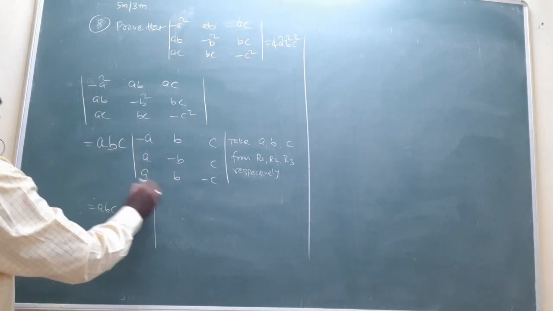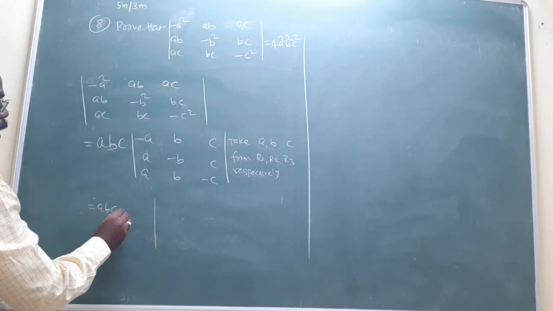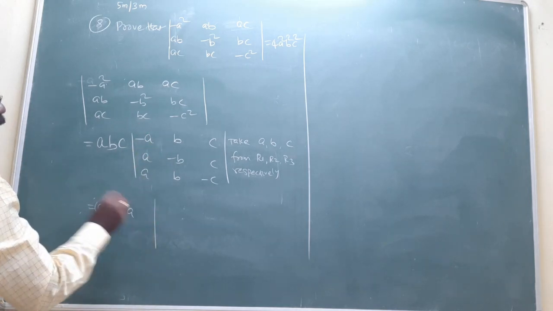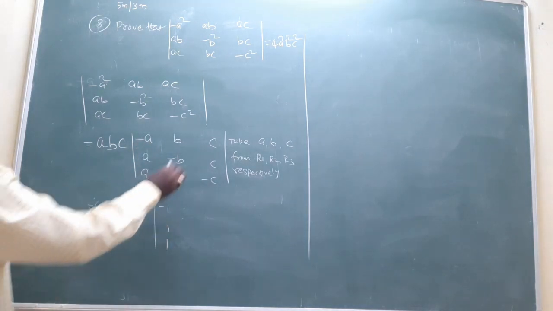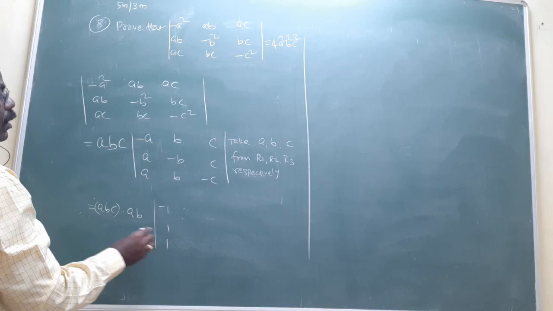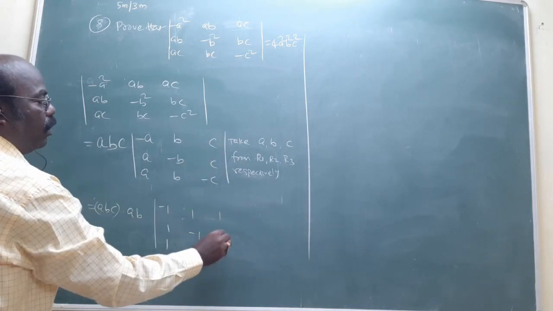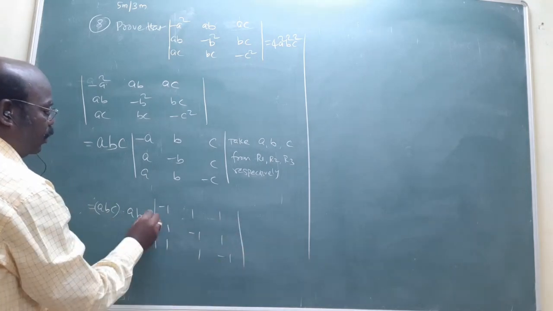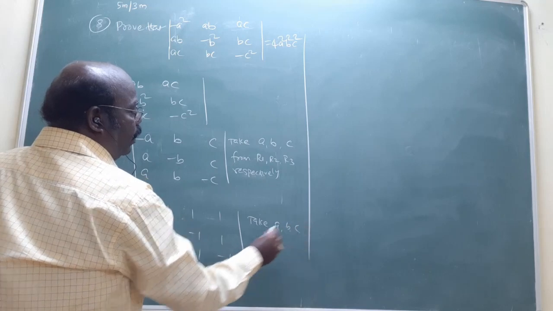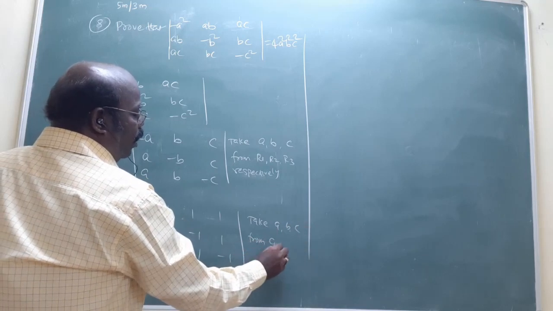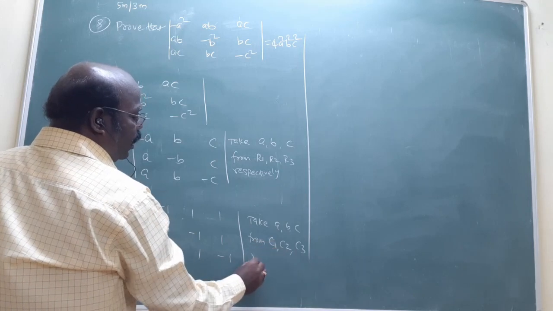Now column-wise, A is common, the terms are minus 1, 1. Here B is common, 1 minus 1. Here C is common, 1 minus 1. Here's the reason: take A, B, C from column 1, column 2, column 3 respectively.